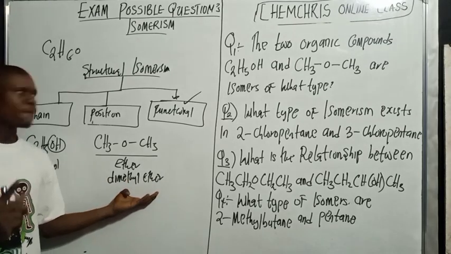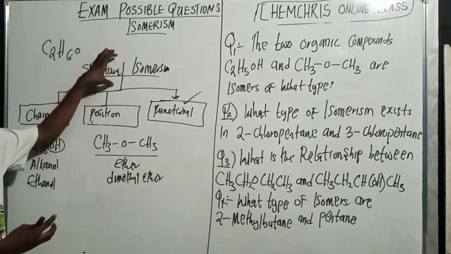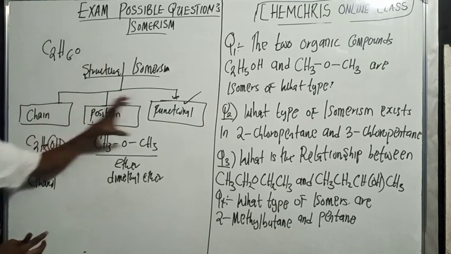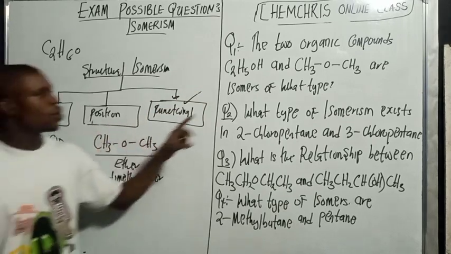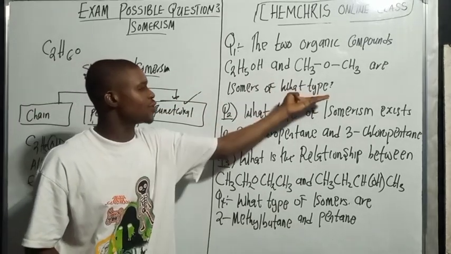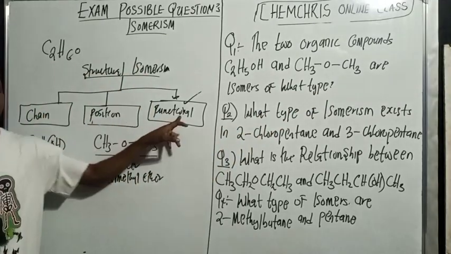The two of them have different functional groups. Understand this: the majority of the questions you will see under structural isomerism are going to be chain, positional, or functional. We give you these two structures and they ask what type of isomerism exists. Is it chain, position, or functional?